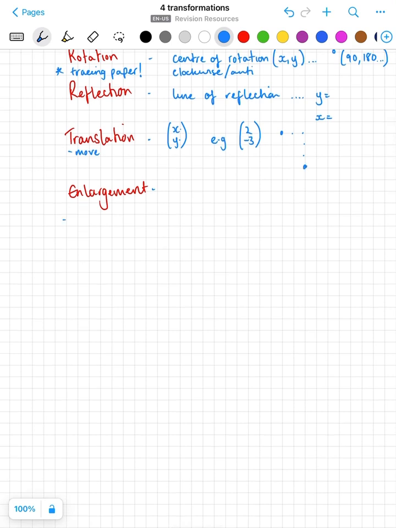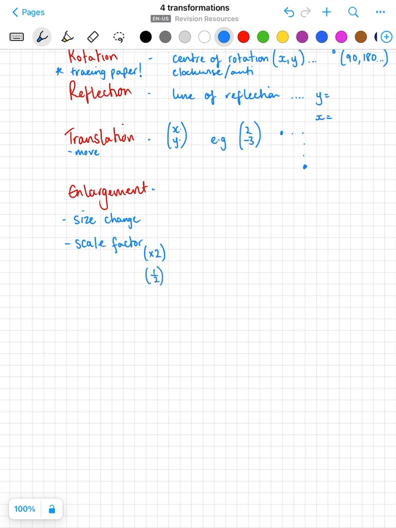An enlargement is the only one that will change the size of your shape, whether that be an increase in size or a decrease in size. So it will be by a scale factor. If that scale factor is 2, then your shape will be twice the size.